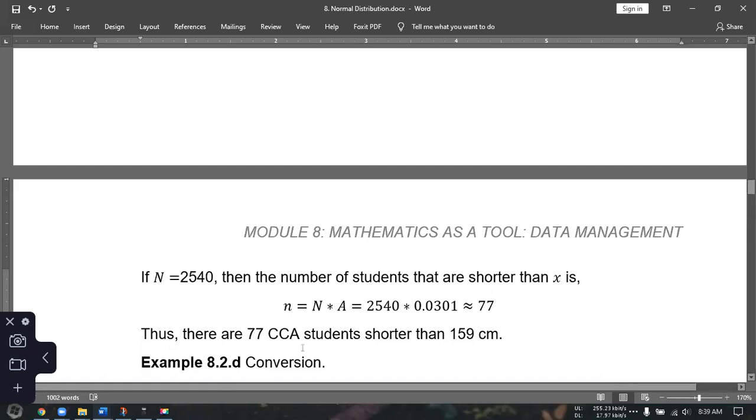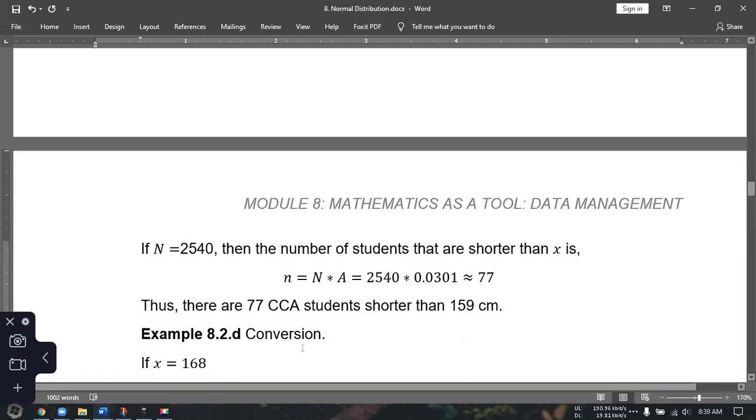Those were the two cases of problems involving normal distribution. First case is when you subtract from 0.5. Second case is when you add from 0.5. Letter D and letter E were different cases.